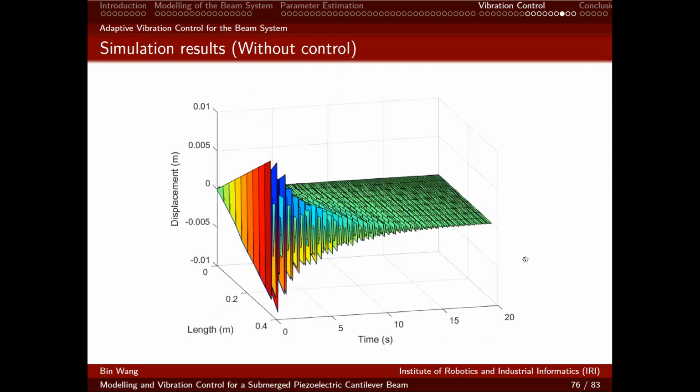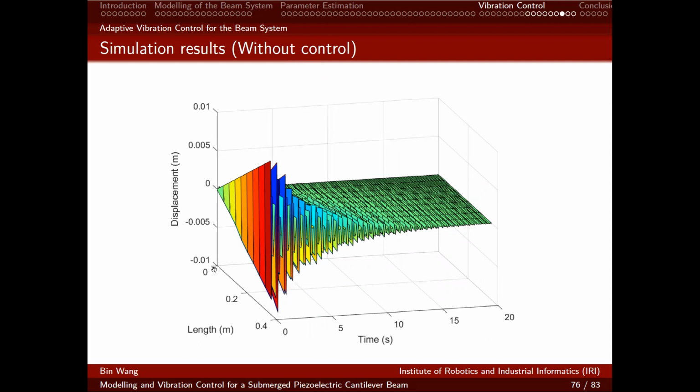To show the effectiveness of the proposed adaptive control, we compared the results within a high order system. So this is the free vibration of the beam without control.